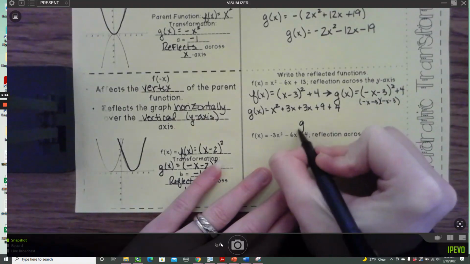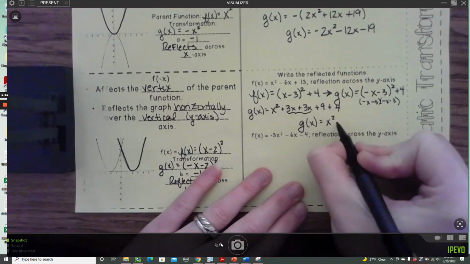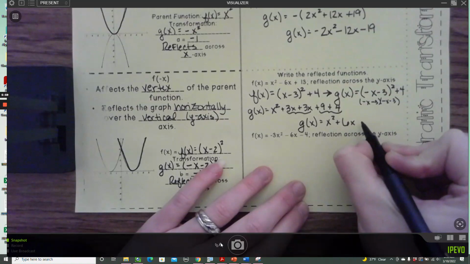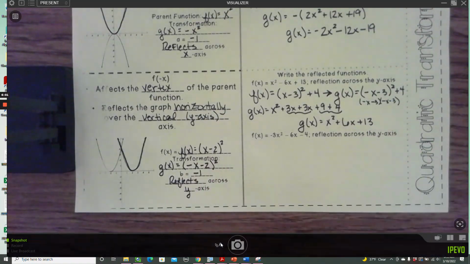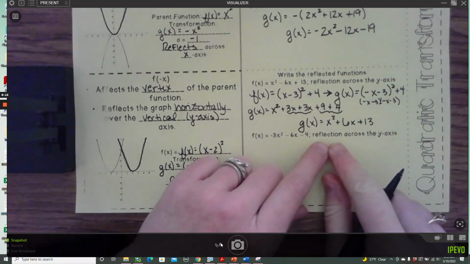So now all we have to do is just combine our like terms. So 3x and 3x makes 6x. 9 and 4 makes 13. So by far way easier than our shifts and our stretches and compressions in some areas. So then this one, a reflection across the y-axis.